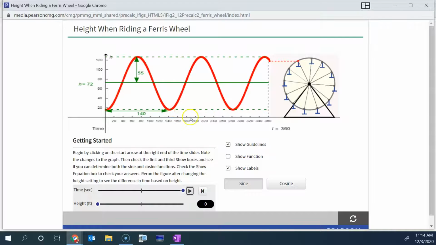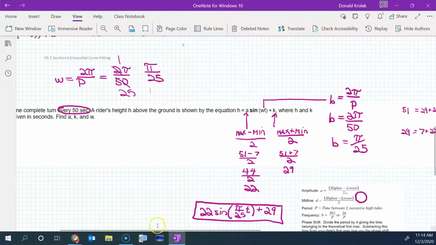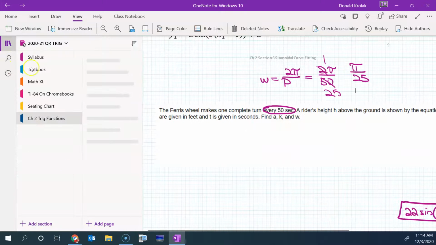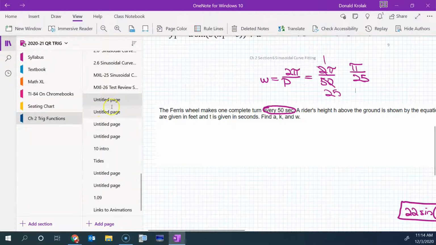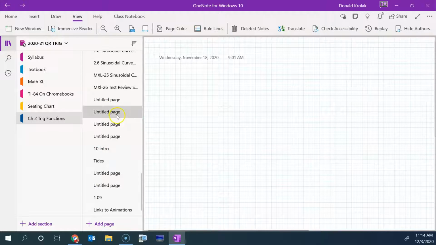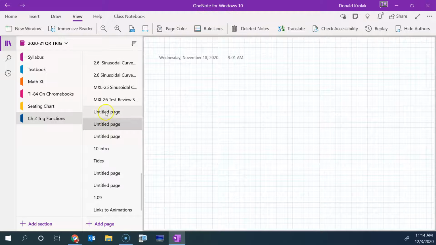All right, so the first thing is, what's the period? So what is our period there? 140, yeah.